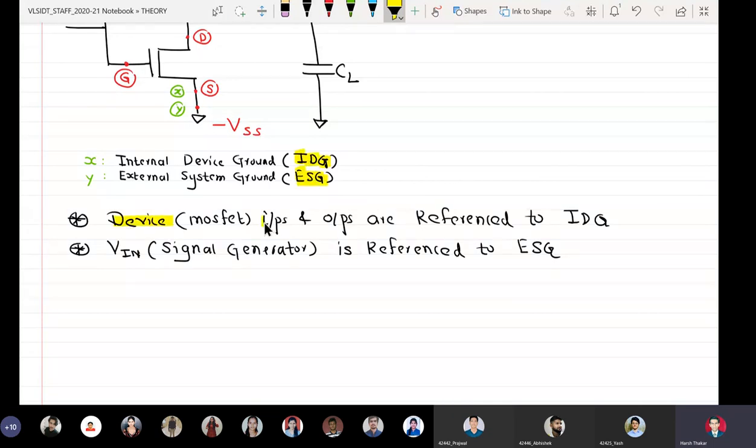So device inputs and outputs are referenced to IDG, while the signal generator is referenced to ESG.